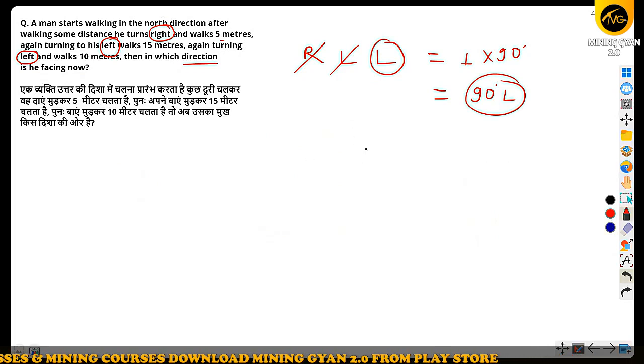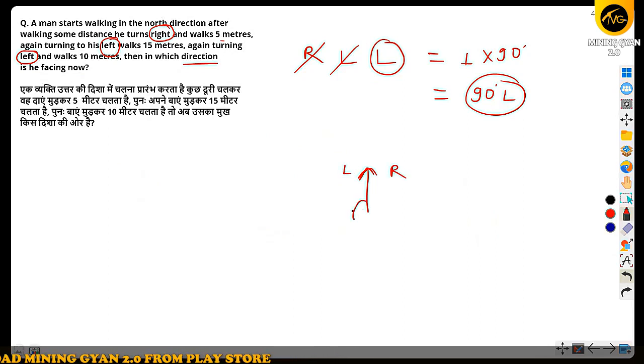So 90 degrees left. He has started walking in the north direction. 90 degrees left: this is his left and this one is his right. So just turn one time 90 degrees and the direction will be west.